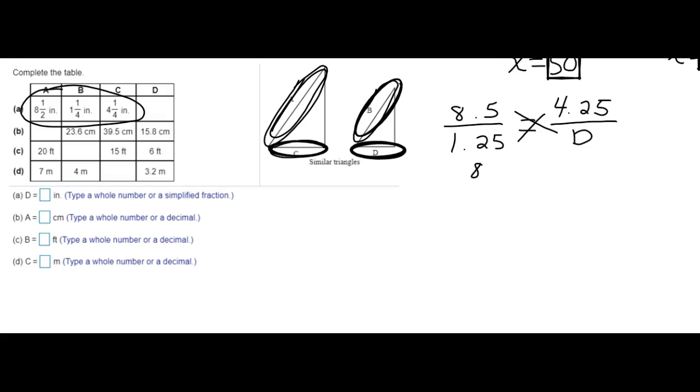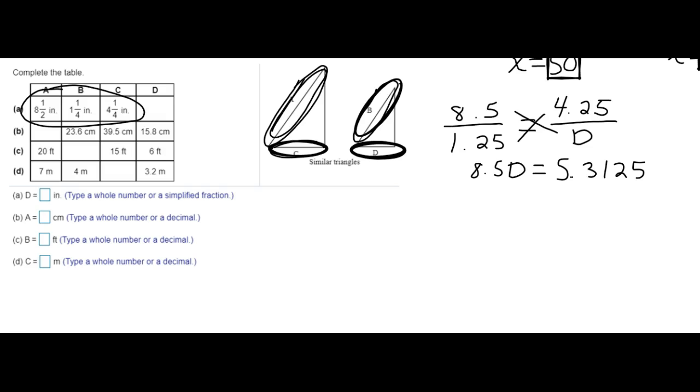So we get 8.5 times D is 8.5D. And then I'm going to use my calculator to multiply 1.25 times 4.25, which gives me 5.3125. There's no rounding there. I didn't cut off any decimal places.